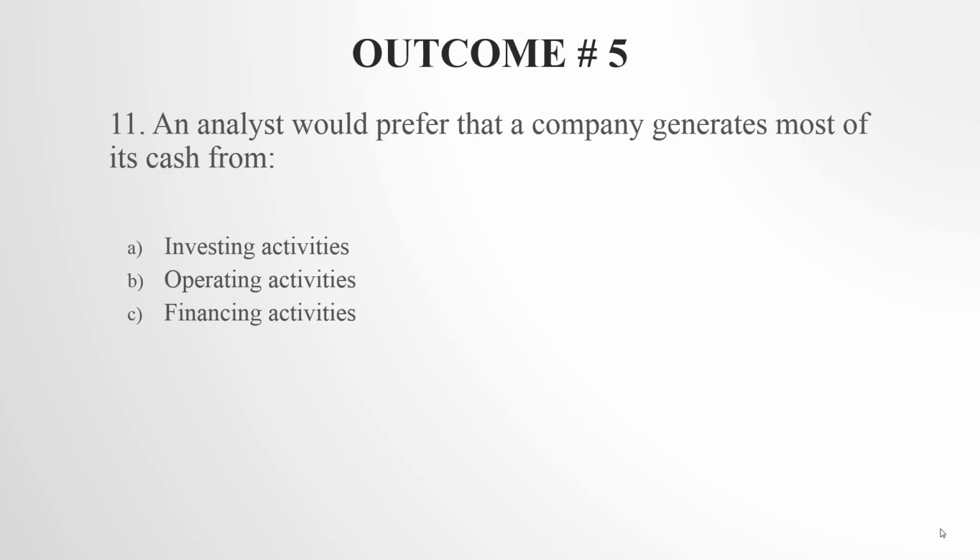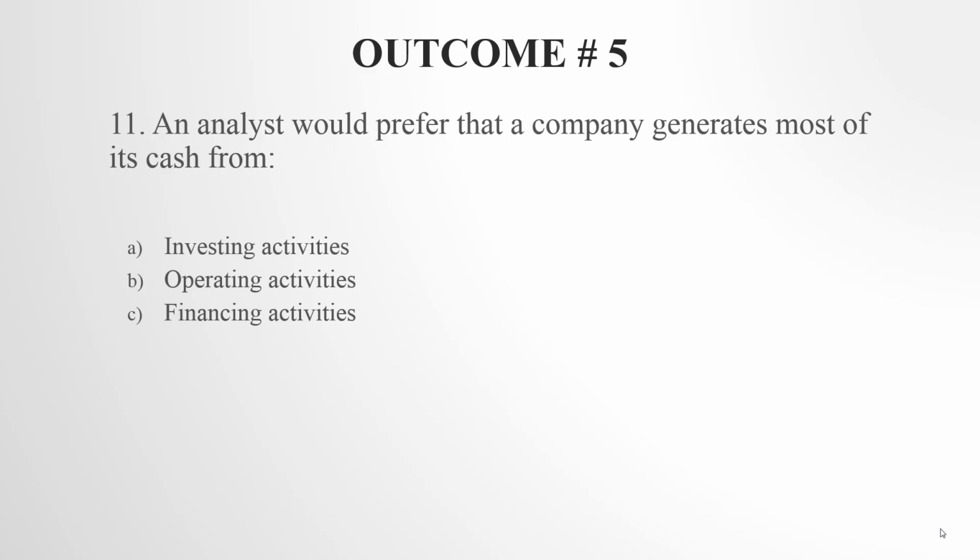Next question. An analyst would prefer that a company generates most of its cash from. Now, investing activities, operating activities, and financing activities are three different types of activities reported on the cash flow statement. There are three different sources of cash.